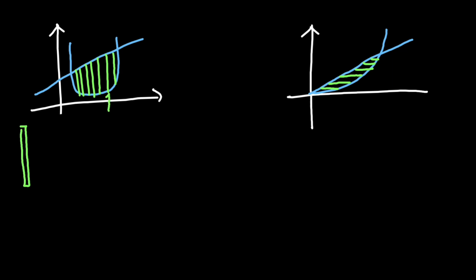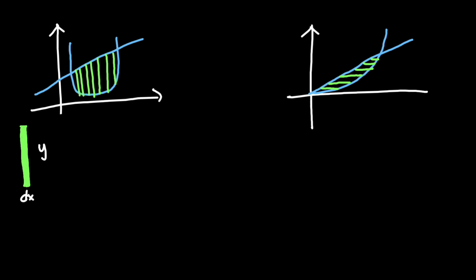And so let us call this the vertical element. Why? Because it is vertical for convenience sake, and it has a thickness of dx because this is a horizontal thickness.